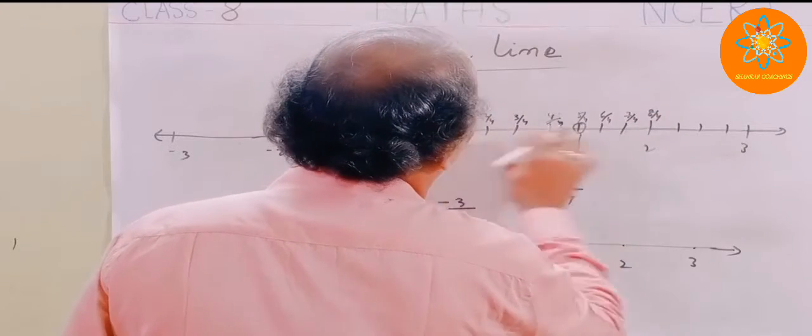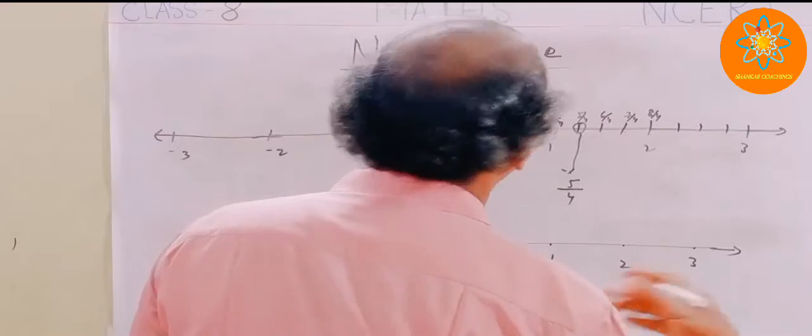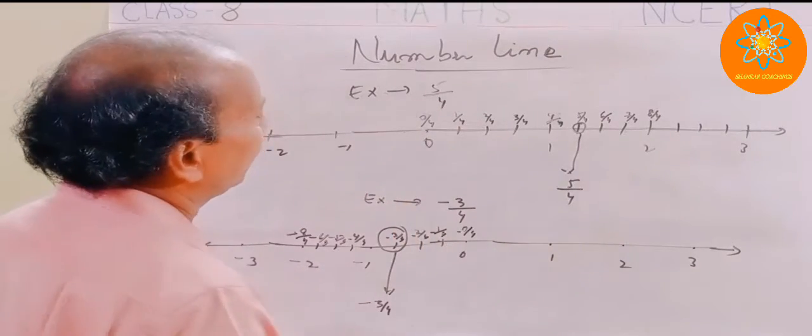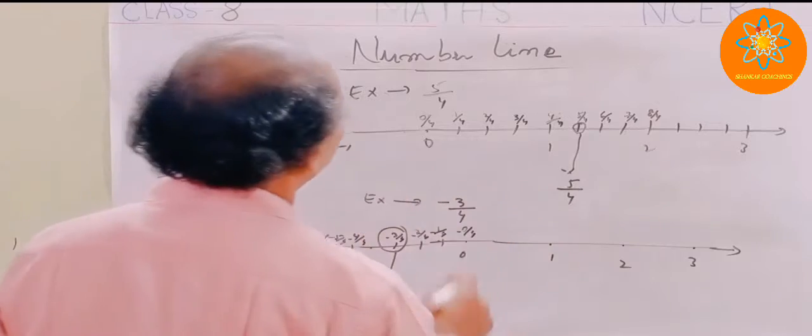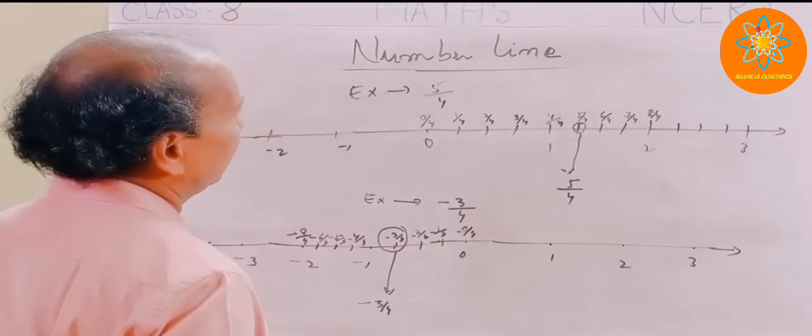Suppose 4 is here, then 4 parts, and then count to the right hand side when it is positive and the left hand side when it is negative, and then you represent the rational number in this way.